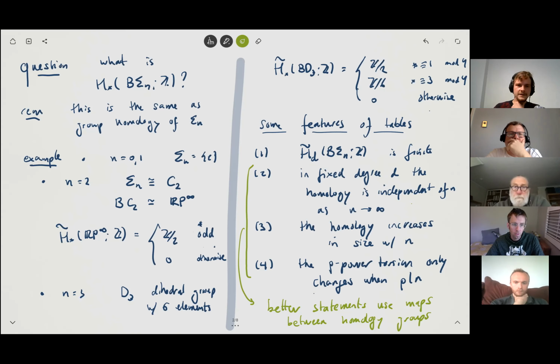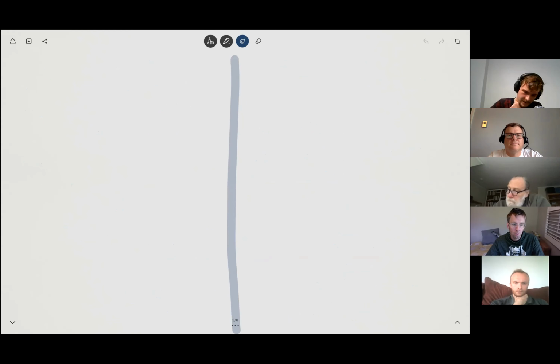Okay, so the n element set, of course, sits inside of the n+1 element set. So whenever you have a permutation of the n element set, you can extend it to the n+1 element set by the identity on the new element.